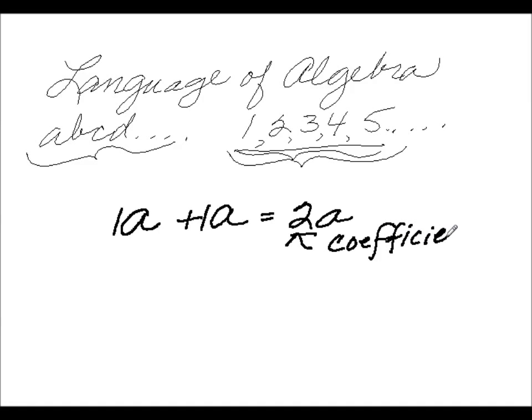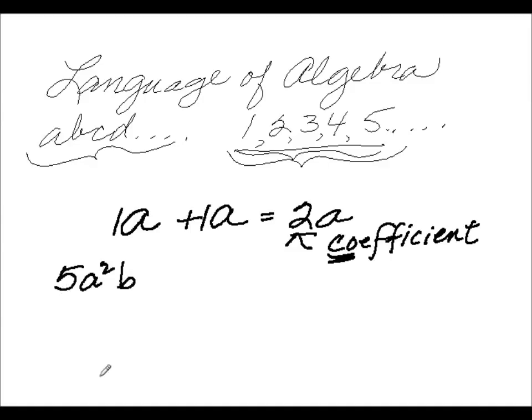Pretty soon somebody decided that this number in front had to have a name, so they called it a coefficient. I can remember when I was trying to learn this, I latched onto the meaning like co-chairman or co-efficient, together. So any number that's out in front of some algebraic letters is its coefficient, like 5a squared b.